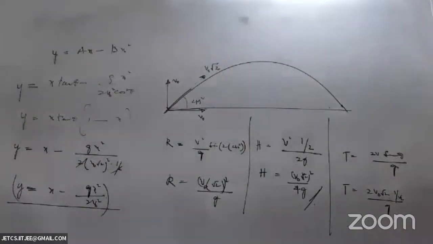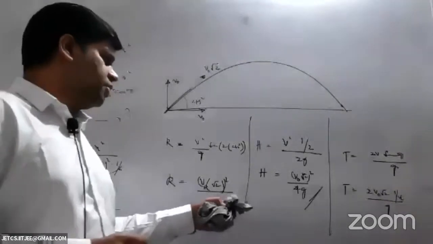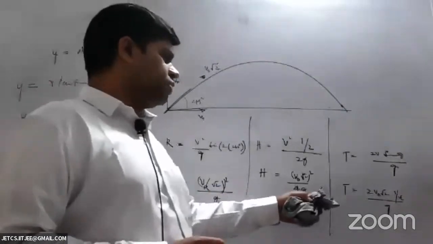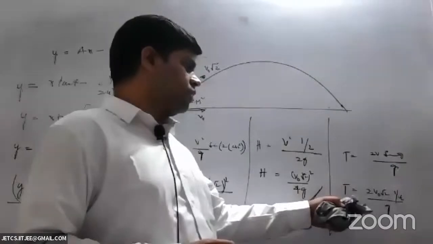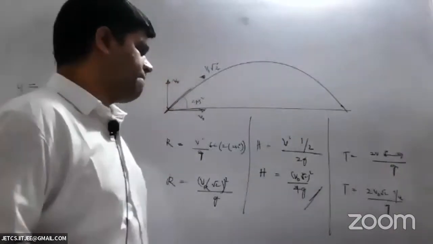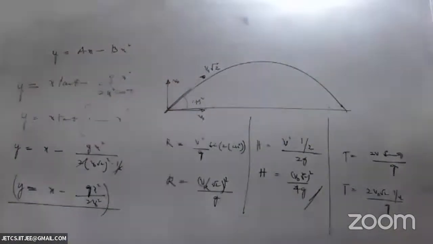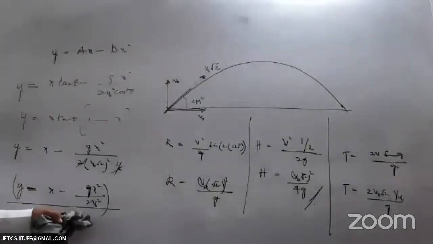If you further simplify, you'll get 2 v naught square by g, v naught square by 2g, v naught root 2 by, 2 v naught by g. And the equation of trajectory becomes x minus gx square by 2 v naught square.